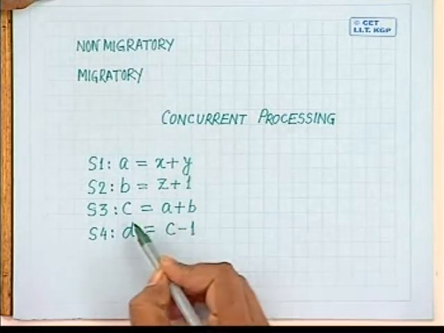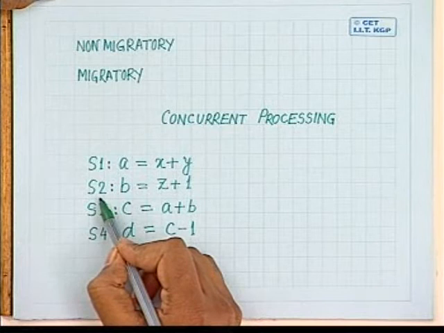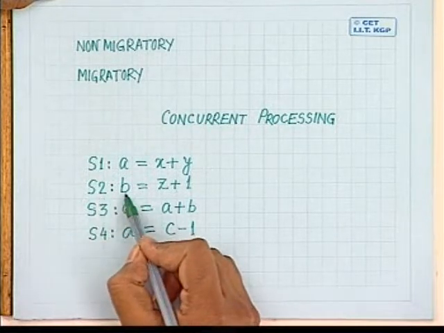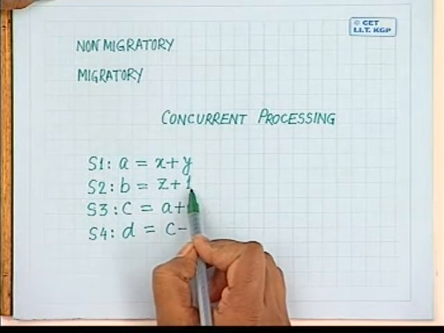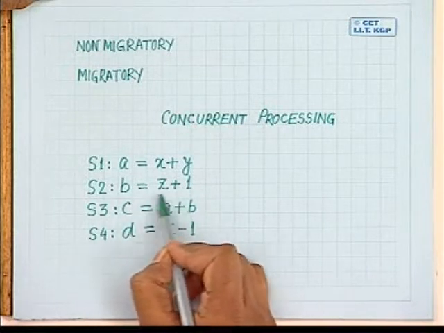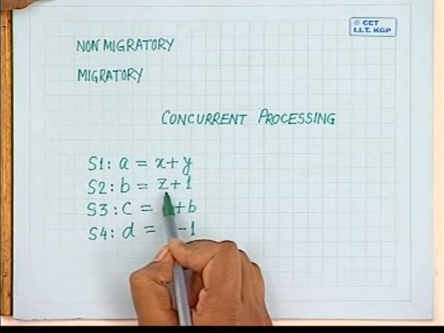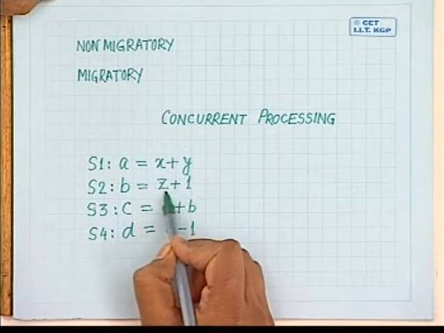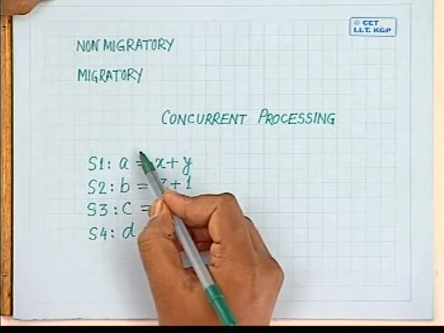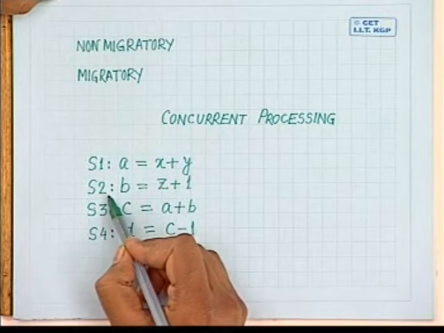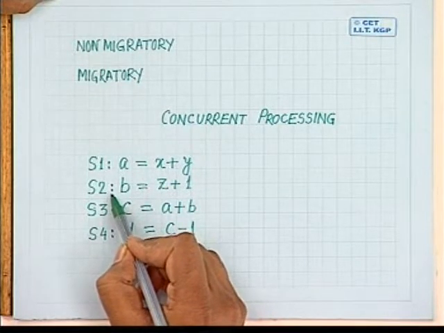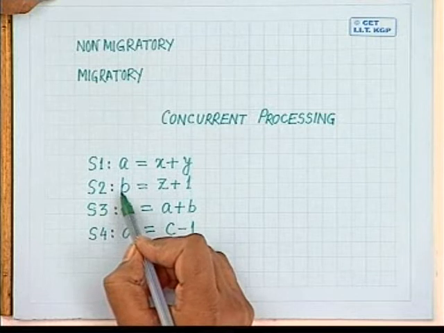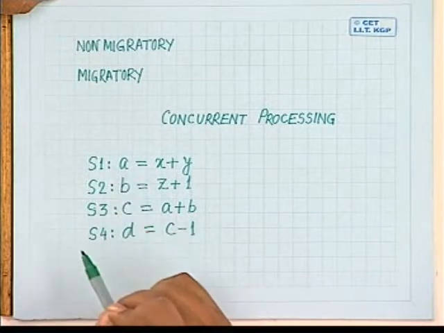Similarly, statement S2 says B equal to Z plus 1. Here again the variable used is Z, and Z is not computed in S1. That means for computation of S2, we don't have to wait for the completion of S1.